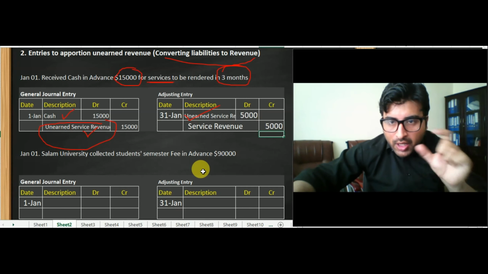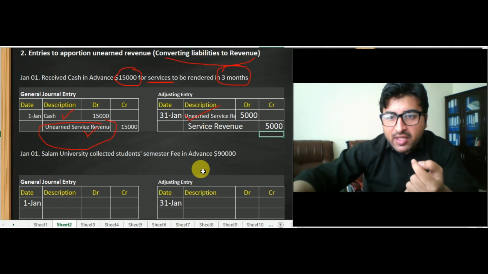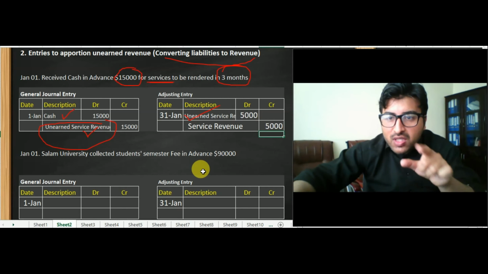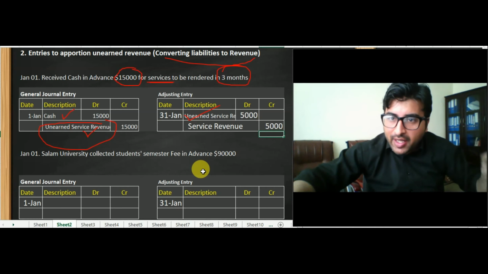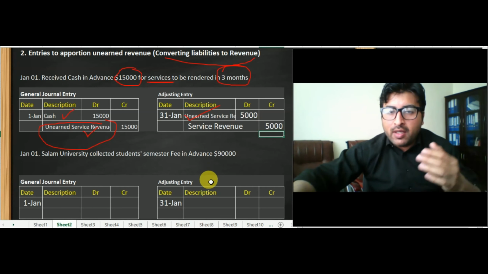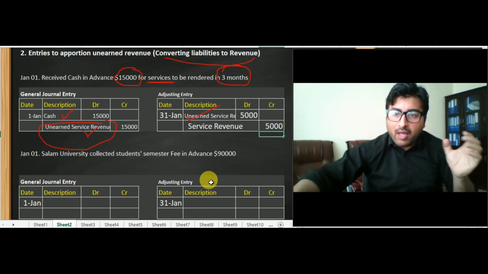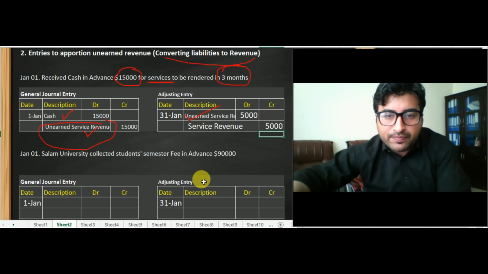Then here the company has provided the services for 1 month. It means now the company can claim that out of the $15,000 liabilities recorded in the beginning, $5,000 converted into revenue. And that is the second type of adjusting entry, converting liabilities to revenues.